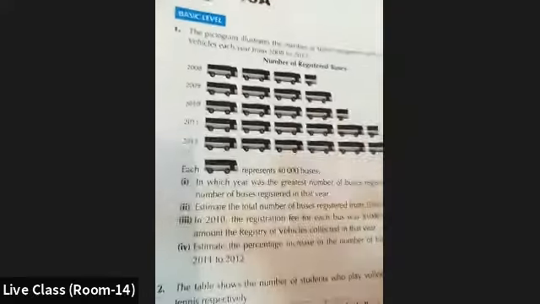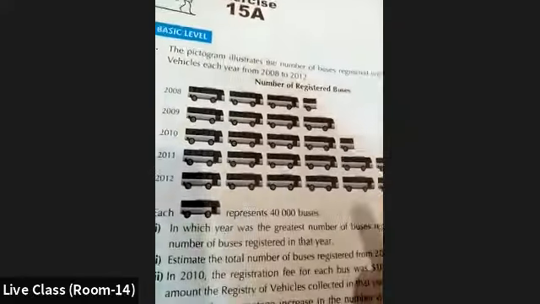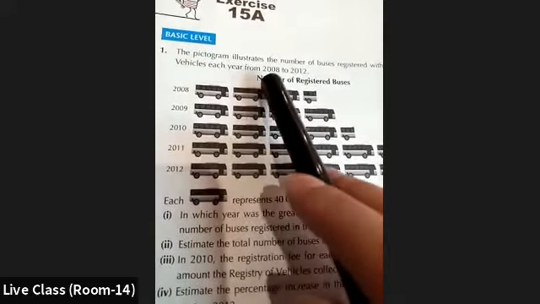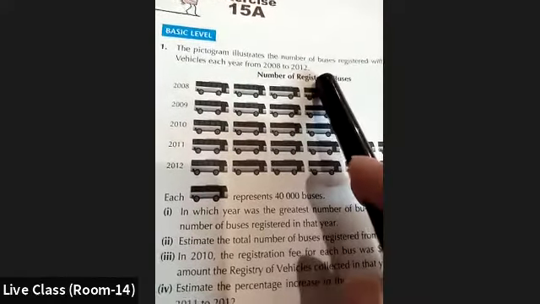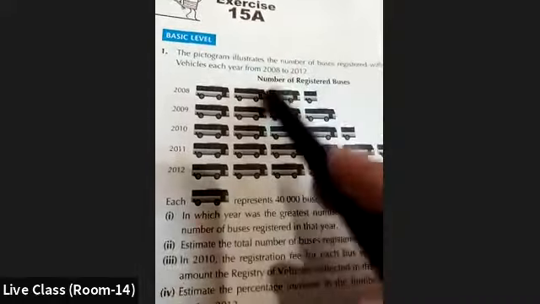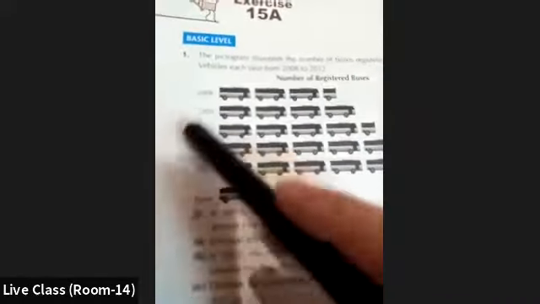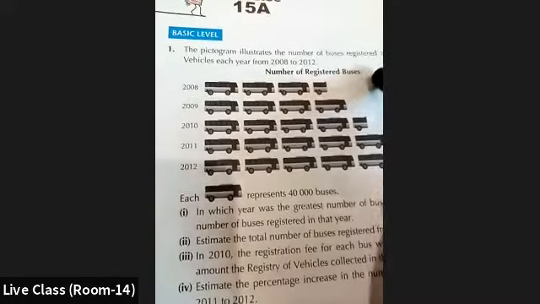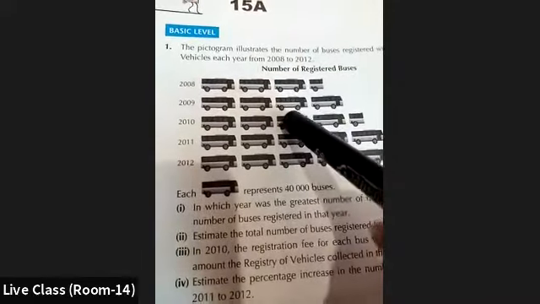The pictogram illustrates the number of buses registered with the registry of vehicle each year from 2008 to 2012. Number of buses and number of years are here. As you can see, number of years are here and number of registered buses are over here.